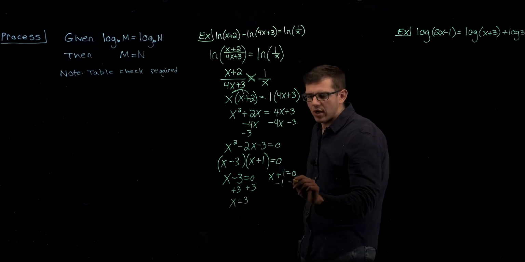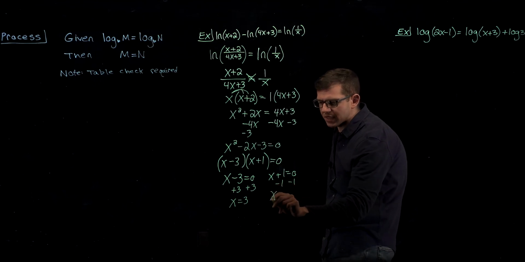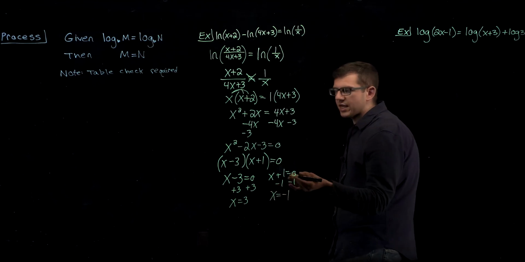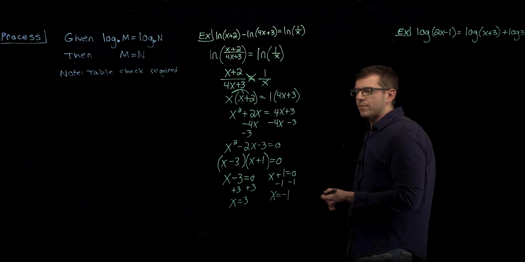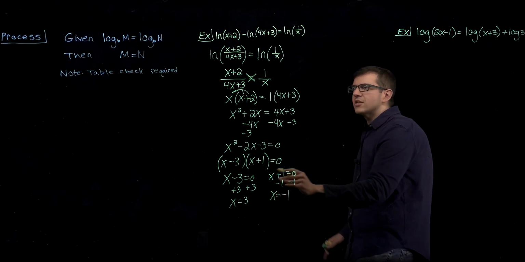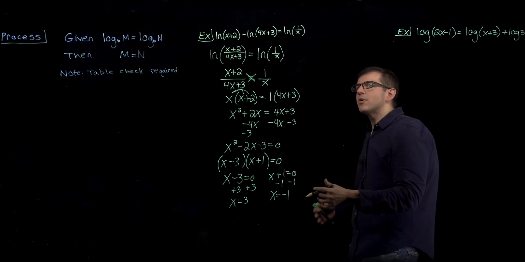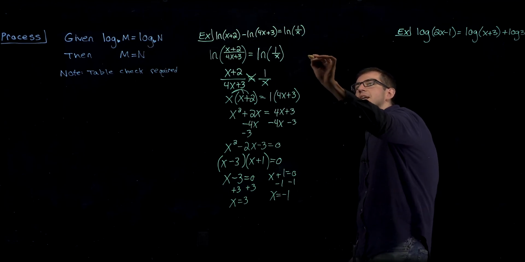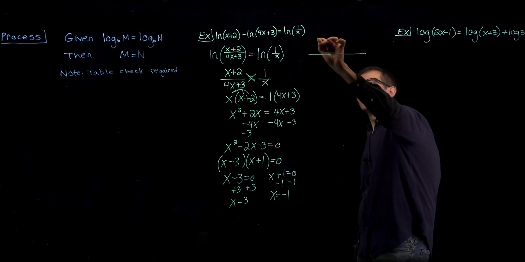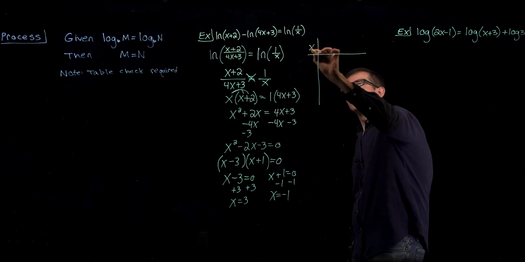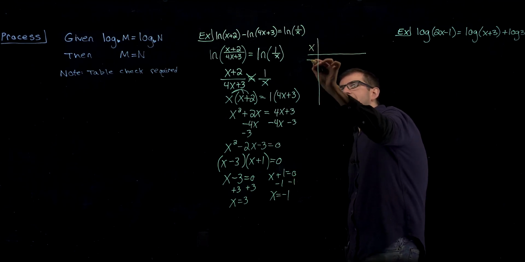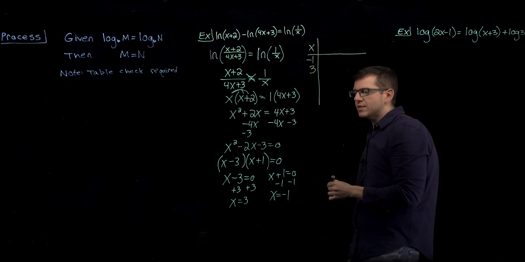We'll subtract 1 from each side in the second equation to get x equals negative 1. And it's tempting to just say these are our answers, but remember, we now have to do a table check. We're checking our x values of negative 1 and positive 3.